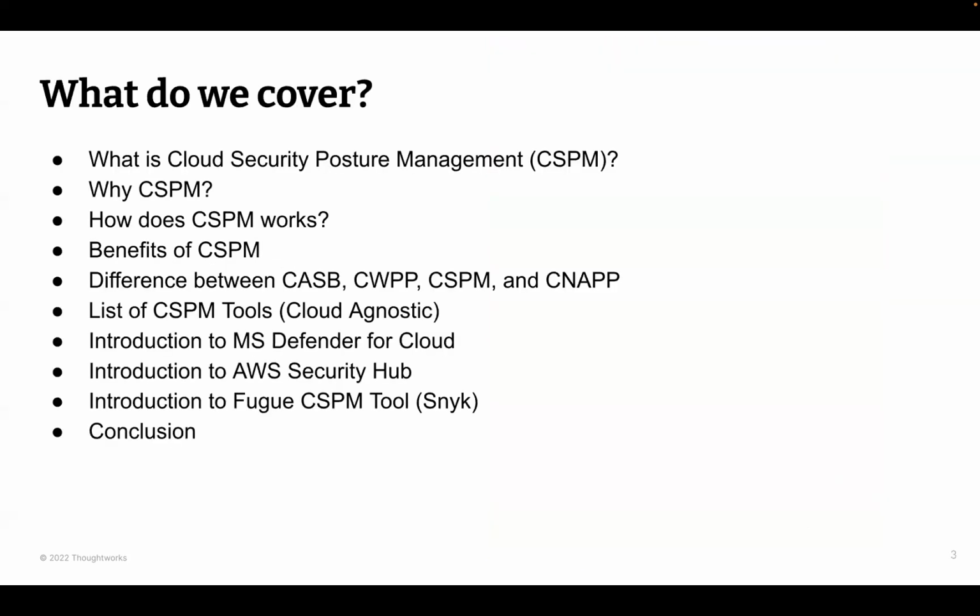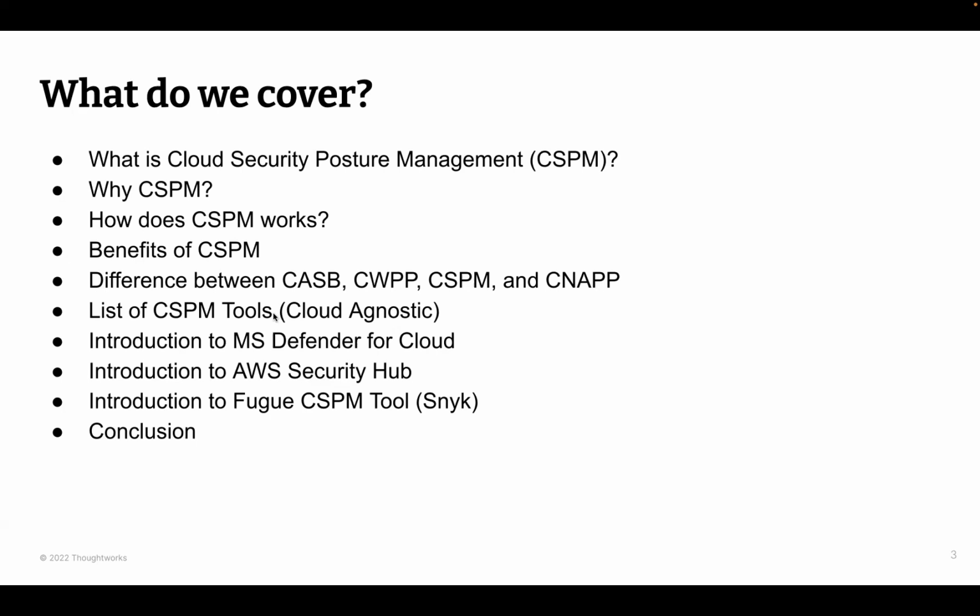As a part of cloud security posture management, the agenda is: what is cloud security posture management, why we need to go for it, how does it work, and what is the benefit we are getting. There are other security tools available like CASB, CWPP, and CNAPP, so what is the difference between each one of them. Multiple cloud providers provide their CSPM tools, but we also have cloud agnostic tools.